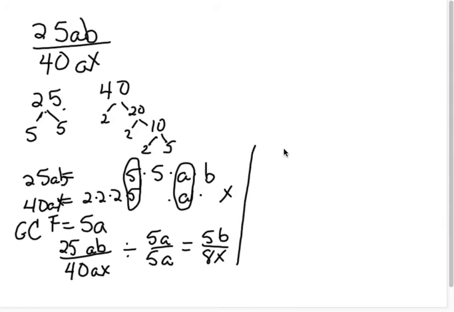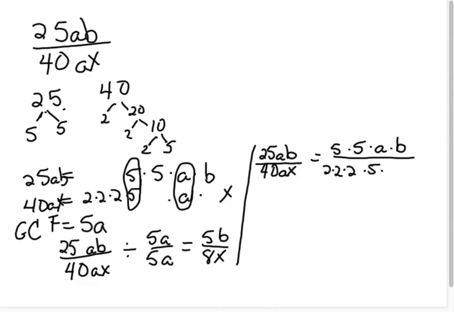The other way I could do this is that I could say that 25AB over 40AX equals 5 times 5 times A times B over 2 times 2 times 2 times 5 times A times X. Now I'm going to take my different colored pen, and I'm going to mark through the 5 there, and the 5 there, and the A there, and the A there.